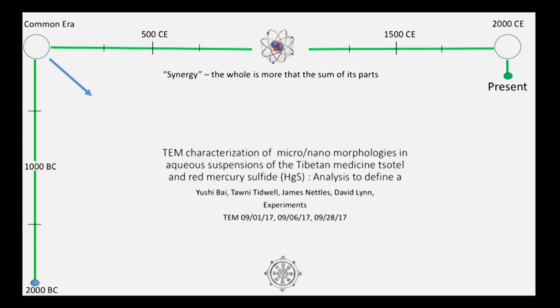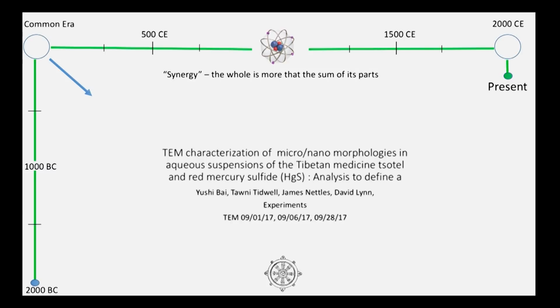So this is what we decided to do: we would use transmission electron microscopy to characterize the micro and nanoparticle morphologies in this. And we're going to use aqueous suspensions because that's what the Tibetan practitioners do, as well as that's what we need to actually run in our cell-based assays.